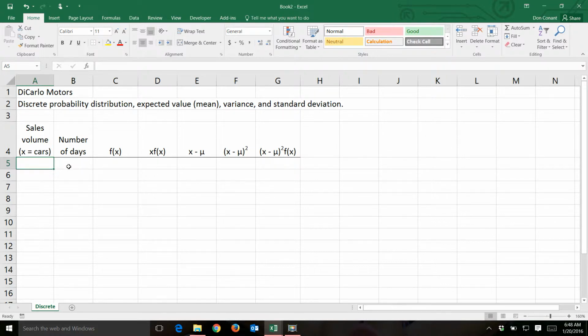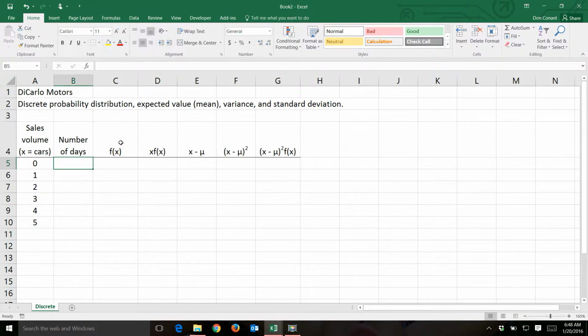All right, the text provides us with some information. The first column: DiCarlo Motors took 300 days and evaluated their car sales. During that 300 days, the minimum number of cars sold was 0, and the maximum was 5. So we'll take that range between 0 and 5.